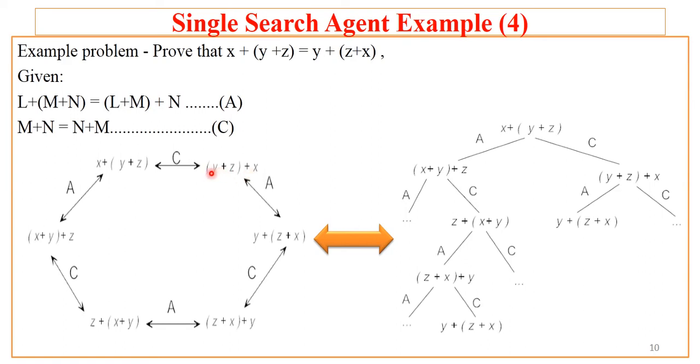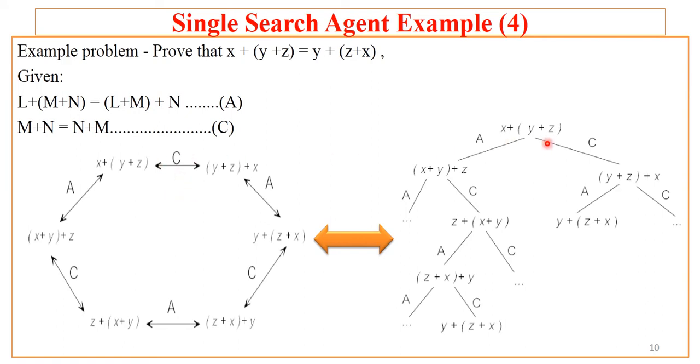So you can write something like (y plus z) plus x. It is the same as this thing. If you apply rule A to this, x plus (y plus z), it will be (x plus y) plus z. So this way you can have this transition diagram. So here is the transition.